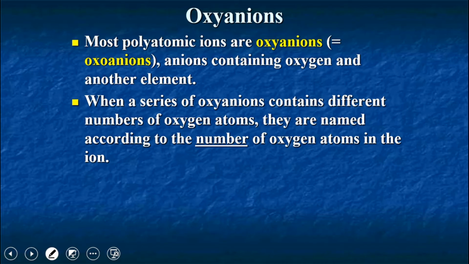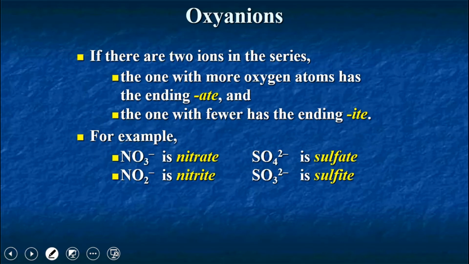Although I'm not going to require you to memorize the nomenclature of these things, it's good to know some of the trends. For example, let's say you have a series of oxyanions that contain different numbers of oxygen atoms. The name is going to relate to the number of oxygen atoms in the ion.